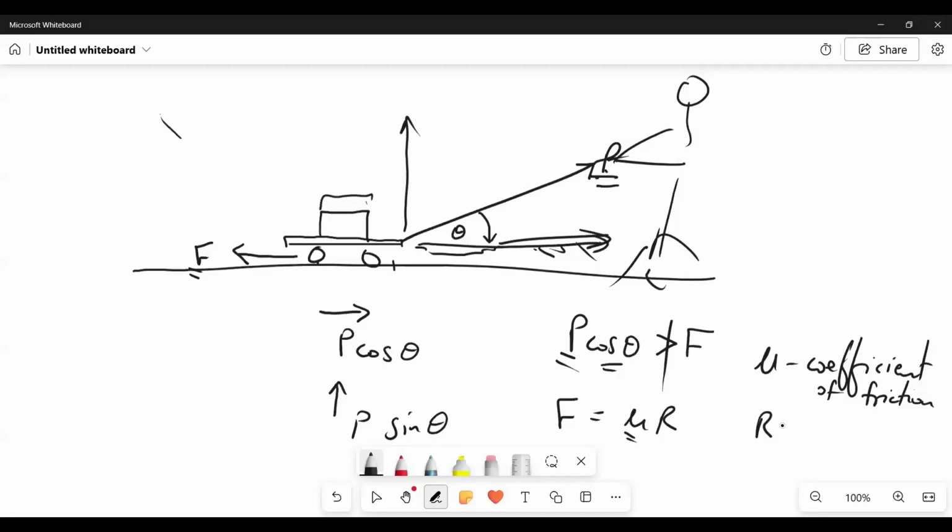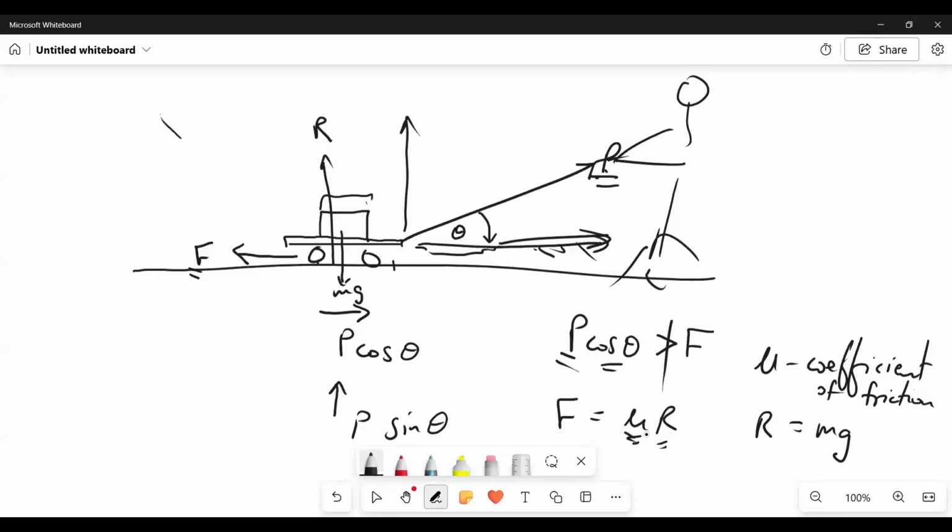And R is what we call the reaction force. It's usually equal to the weight. So the weight of this whole setup is going to act down, mg, and then the ground is going to react to that weight by R. So the frictional force is calculated from mu times R.